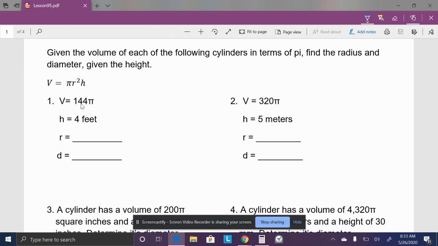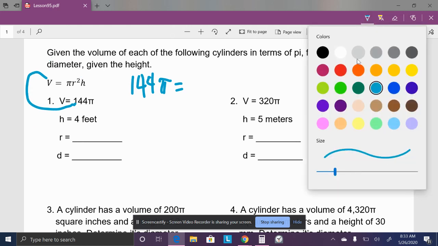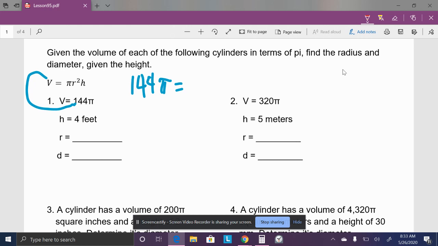I'm going to plug in 144 for the volume, and write that over here. And I'm going to plug in the 4 for the height.